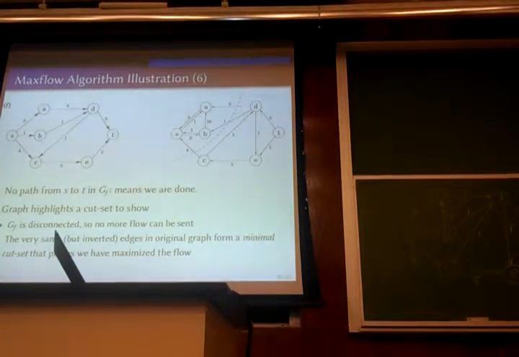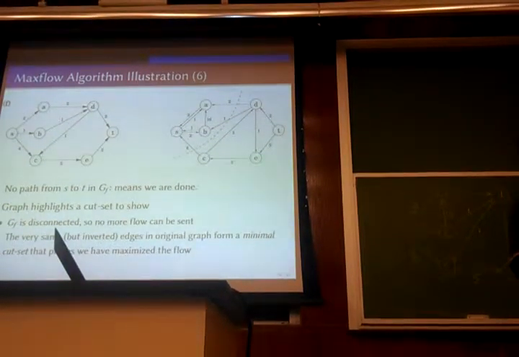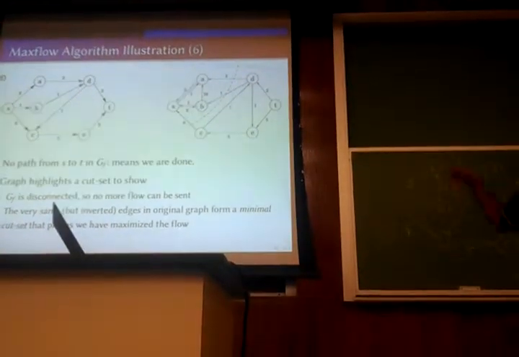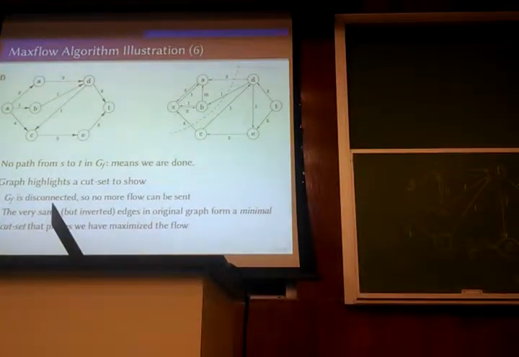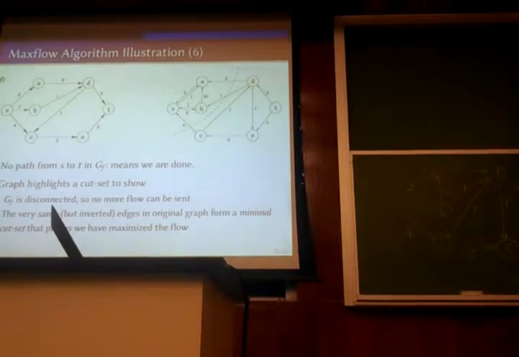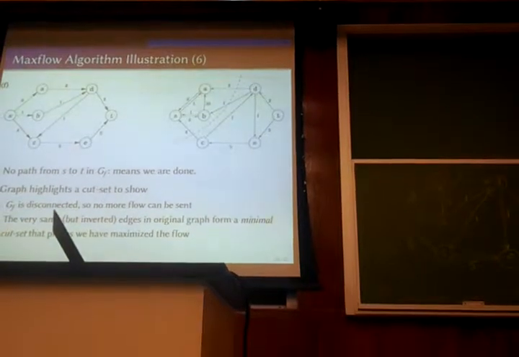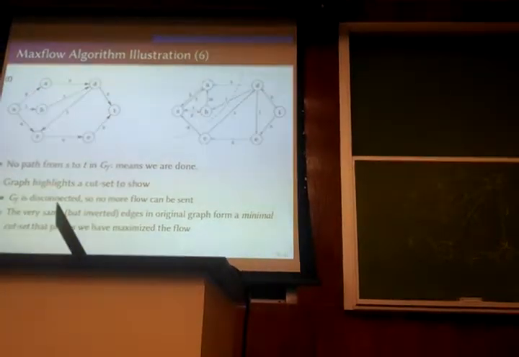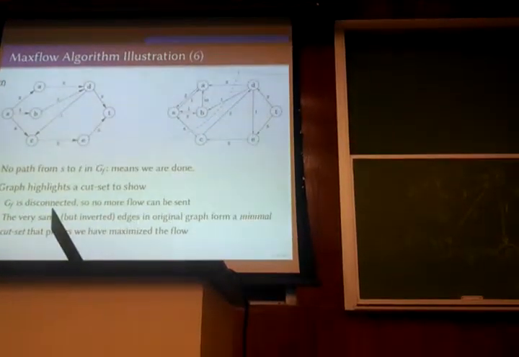There are things to the left and things to the right, and the source is on the left and the sink is to the right, and you want to say, have I exhausted all of those edges, right? In the sense that am I sending the maximum I can send through that set of edges? If I am, it's clear that there is nothing more I can do, because things have to get from the left to the right, and these are the only edges that go from the left to the right, right? And if they are all at maximum capacity, that's all I can do, right?